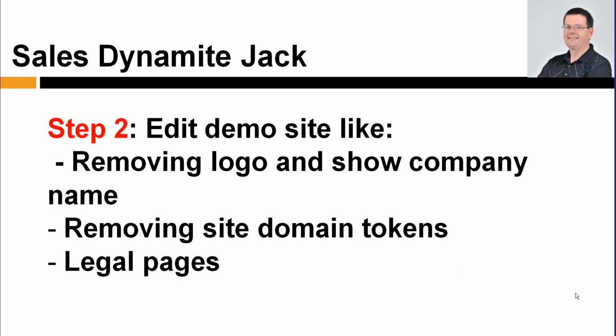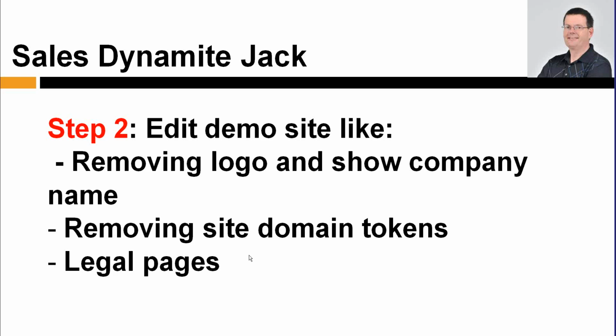The next step is I'm going to show you how to edit the demo site and make it ready for prospecting with Sales Dynamite Jack. Okay, so I'm going to remove the logo, I'm going to show the company name, I'm going to remove some site domain tokens, and I'm going to do something with the legal pages.